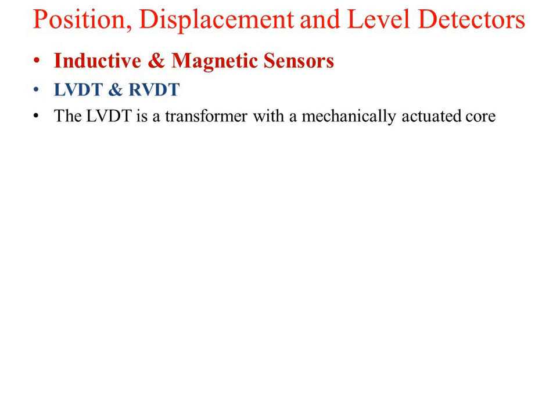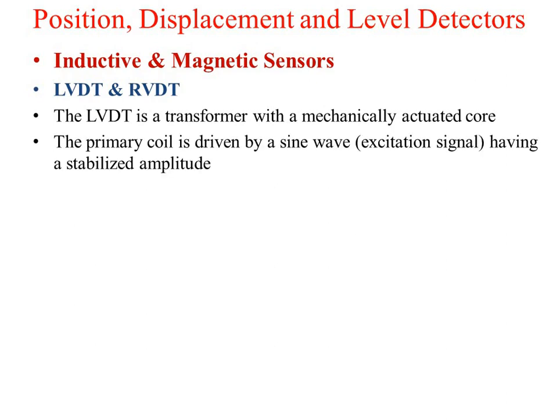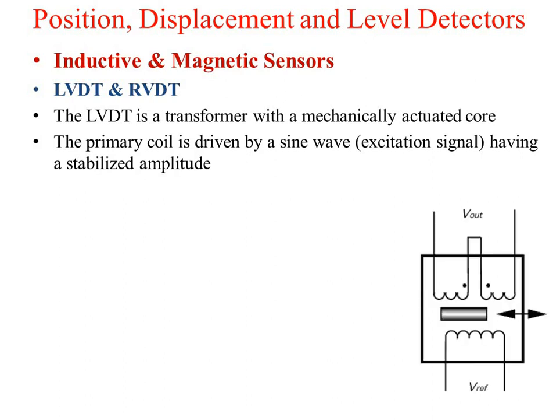So LVDT is a transformer with a mechanically actuated core. The primary coil is driven by a sinusoidal waveform. This is excitation voltage with a stabilized amplitude. Now the diagram is shown over here.